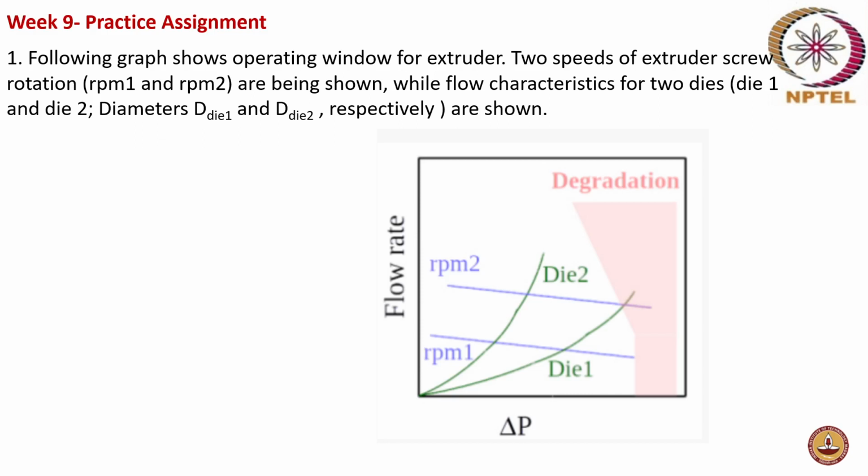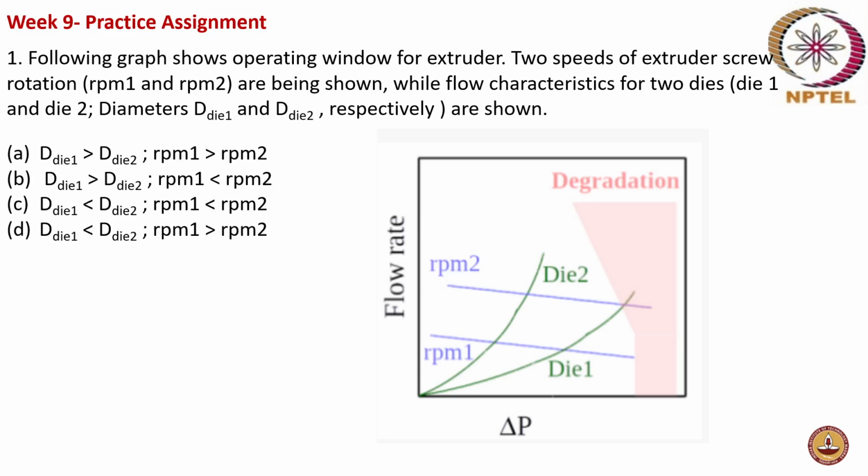Now just answer me this question. Do you remember this diagram in the course lecture, Nirmal? Yes, ma'am. Okay, so this was the flow rate versus the pressure drop diagram, right? So just answer me this question. Which of the following is correct?